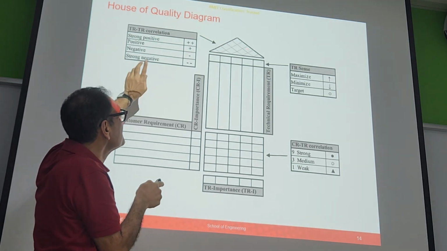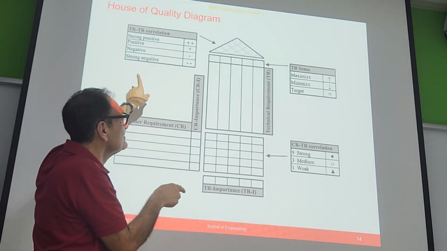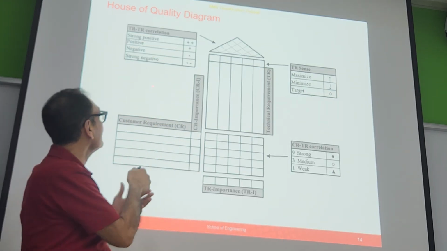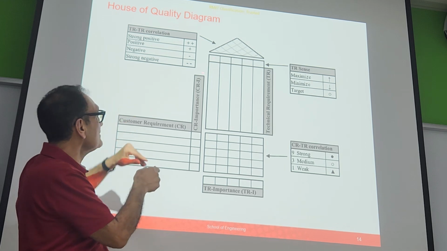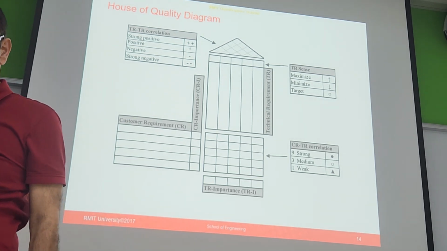Maybe positive, just positive, you put plus. Maybe negative, it means one of them is up, one of them down, negative. Maybe strong negative, minus minus. Okay?